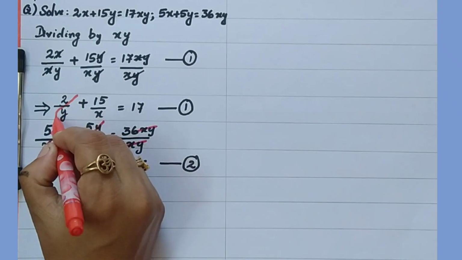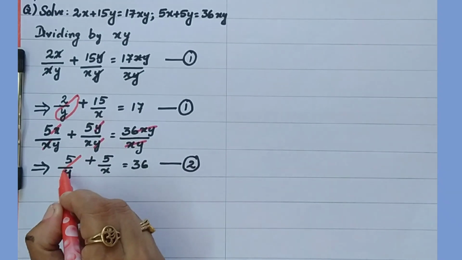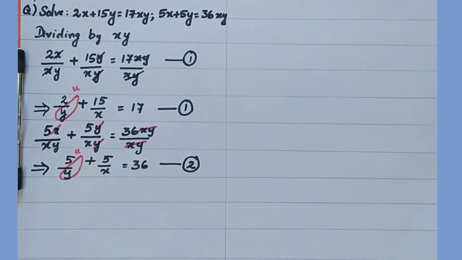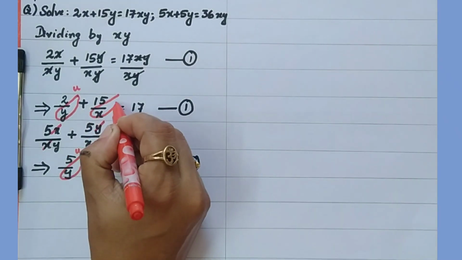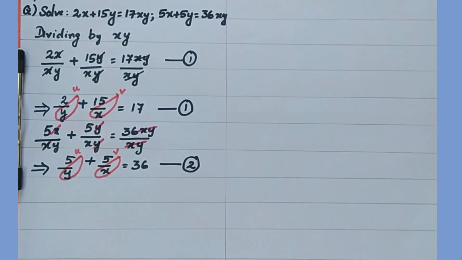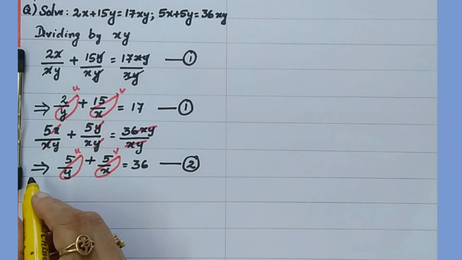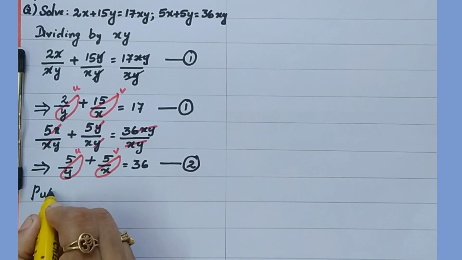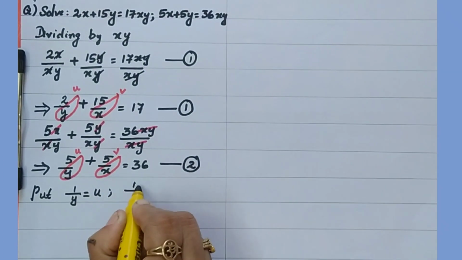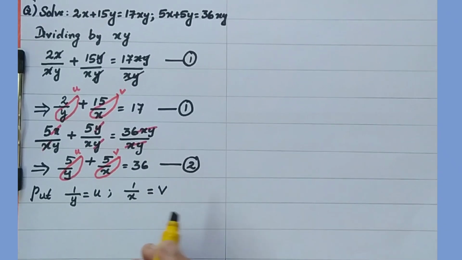Now we have equations 1 and 2 as a reducible equation. You need to give a substitution: 1 by y as u and 1 by x as v. So the next step is substitution. Put 1 by y equal to u and 1 by x equal to v.